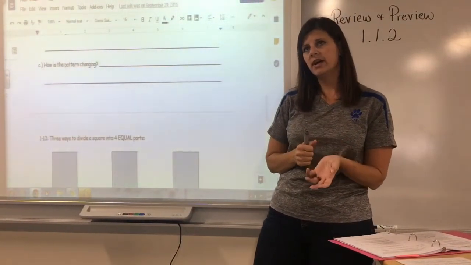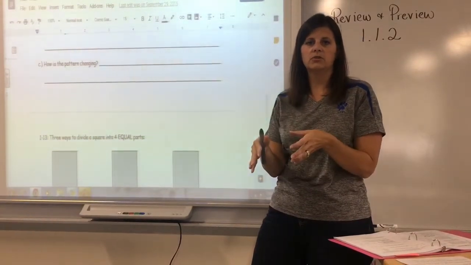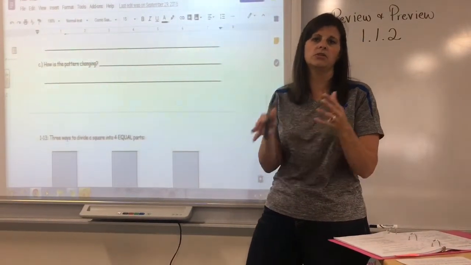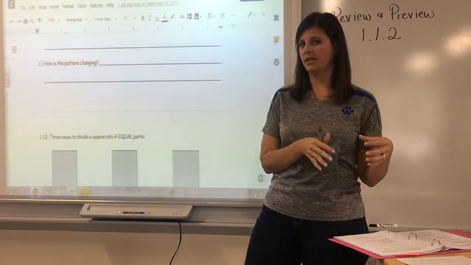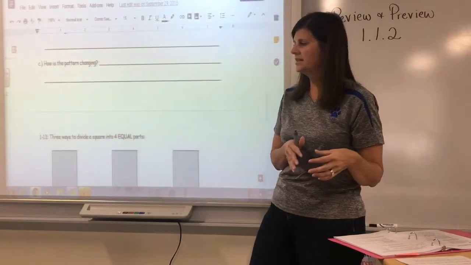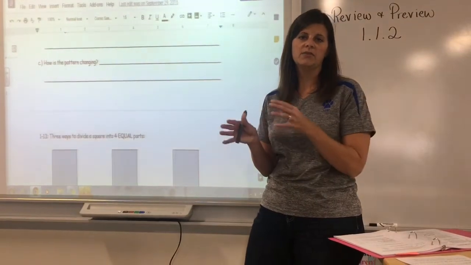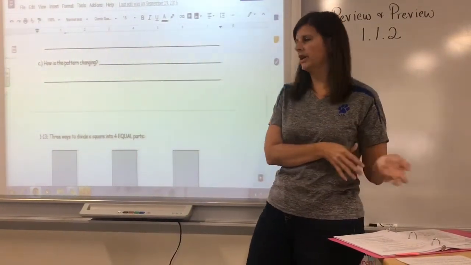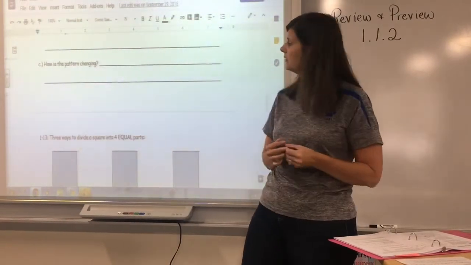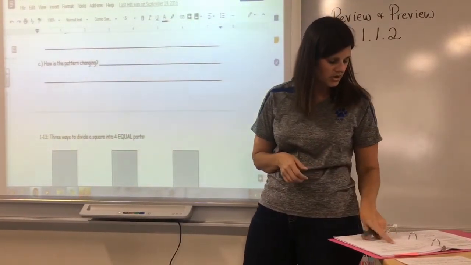So what is it that's happening from figure 1 to figure 2? How is it changing from figure 2 to figure 3 and so on? We see the same thing happening each time, and that's what part C is asking you to describe. Each figure does this. We do this to each figure each time. So again, show me a nice sentence there for part C on question 12.